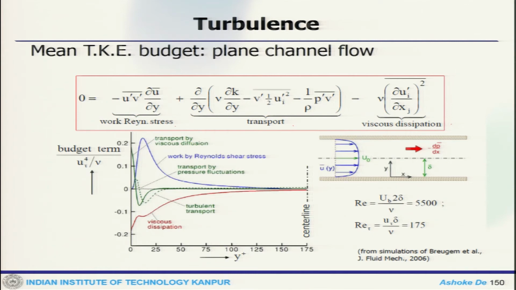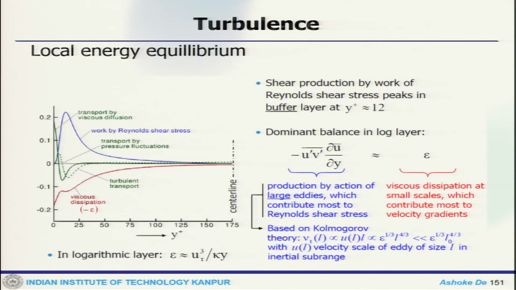Now, you can also estimate the local energy equilibrium, where the shear production by the Reynolds stress at certain y plus has a dominant balance in the log layer. This is the production by action of large eddies, which contributes to maximum shear stress, and this is the dissipation at small scale.